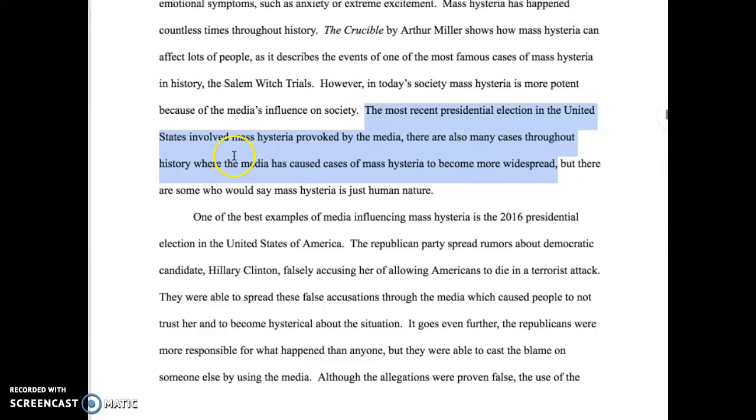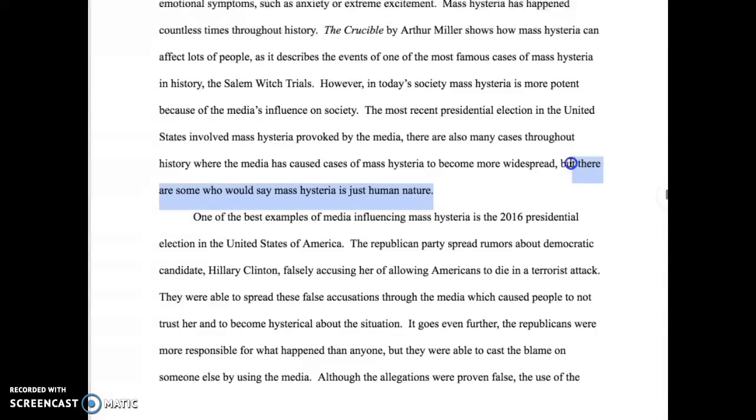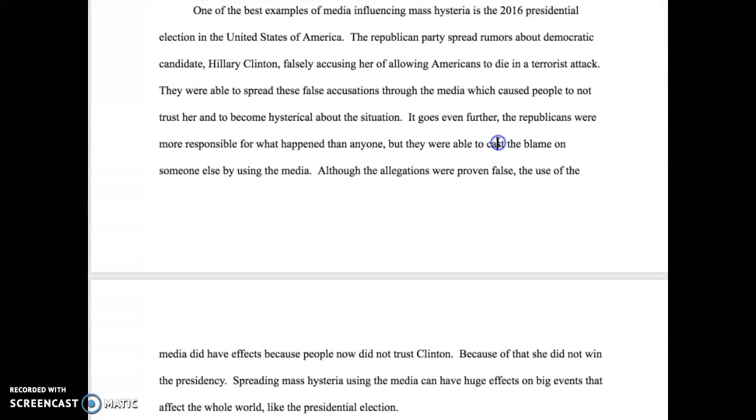There are also many cases throughout history where the media has caused cases of mass hysteria to become more widespread. And that in itself is one sentence. So be aware that because you have these independent clauses, these two are not linked through a conjunction in any way, but this one is. So be aware of the comma splice there. And then honestly, with your introduction, you don't even need to address, well, it's just part of human nature. Don't worry about it. Just for your intro, focus on your perspective of the paper.